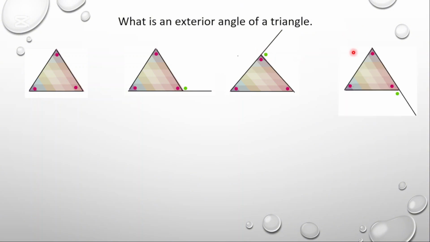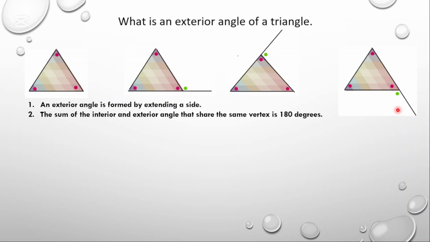Another one over here. Okay, I extended the line into this direction, and this is my exterior angle, that is my adjacent interior angle. That too, they are not adjacent to this exterior angle, only this angle here. And you know these two add up to 180 degrees. Take another example.